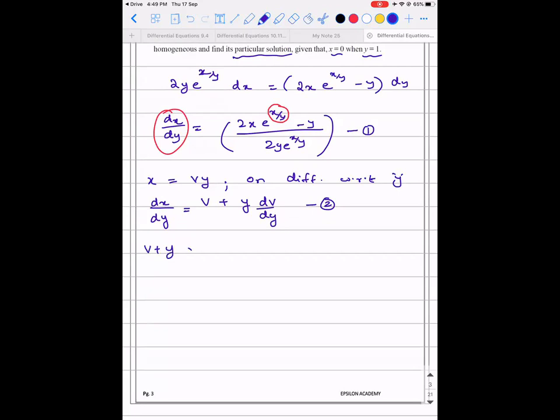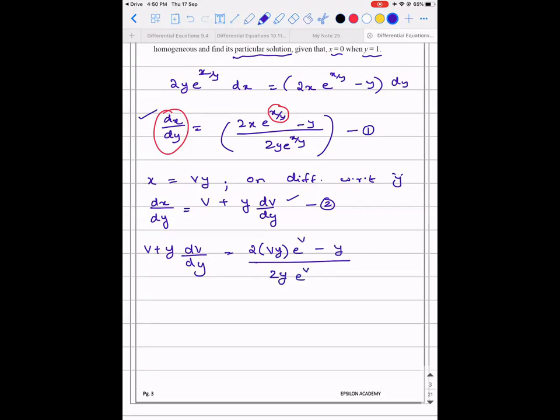v plus y into dv by dy, that is I replace dx by dy with this thing, will be equal to 2 into, in the place of x, vy into e power v minus y, leave it as it is, divided by 2y into e power v.